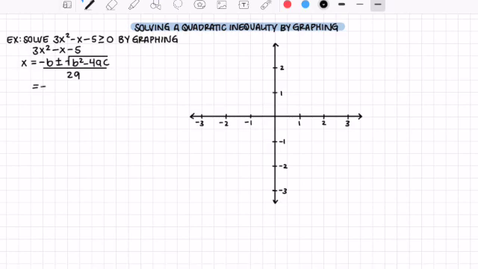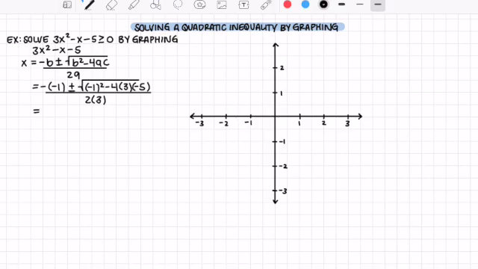We get negative b, which is negative 1, plus or minus the square root of negative 1 squared minus 4 times 3 times negative 5, and this is all going to be over 2 times 3.